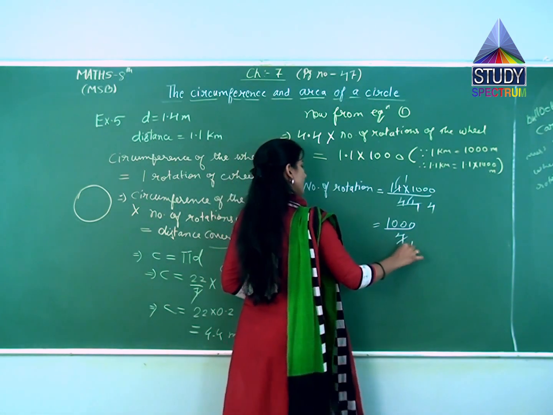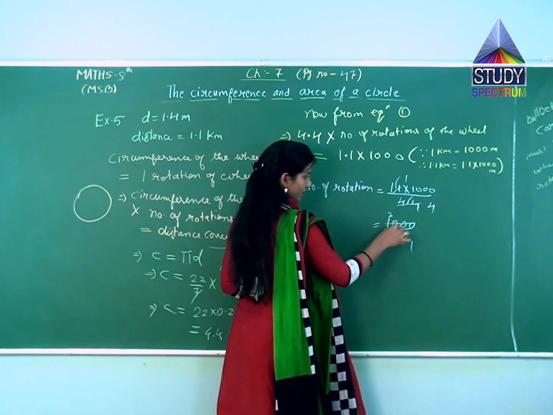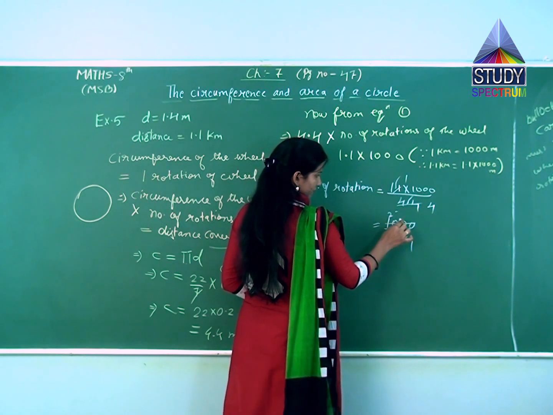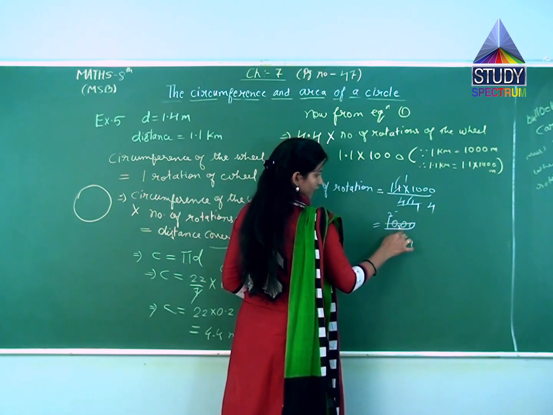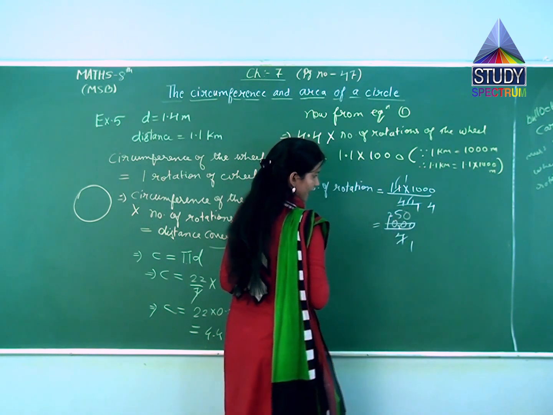On solving this, 4 ones are 4, 4 twos are 8, 1 remainder, then 2 remainder, here it will be 20, 4 fives are 20 and 0 as it is.